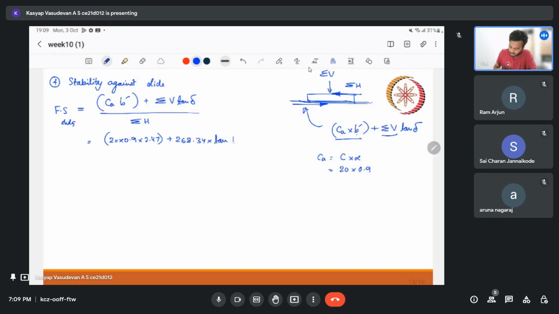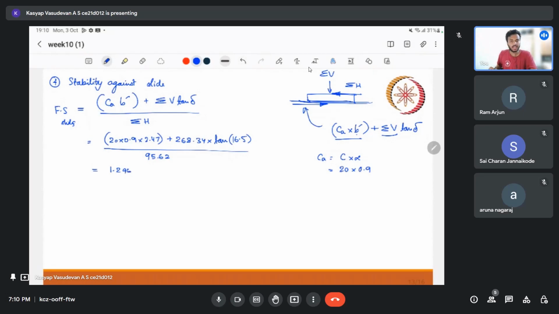Our delta was 16.5 for the sub-base soil. Sigma H is 95.62. This is actually 1.269, sorry, the other way, 1.296.